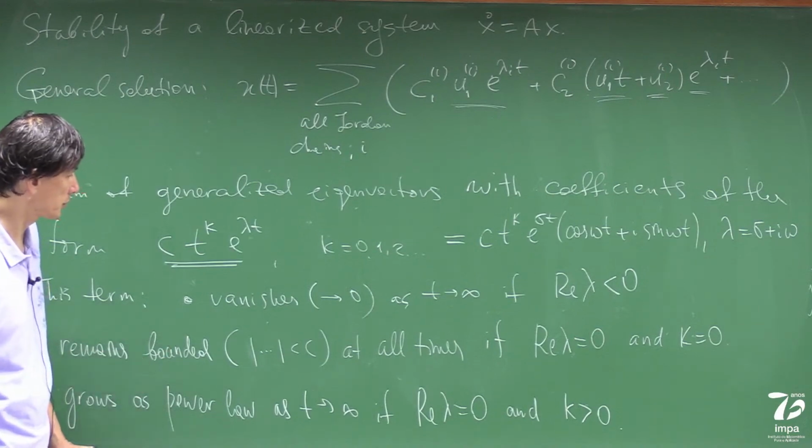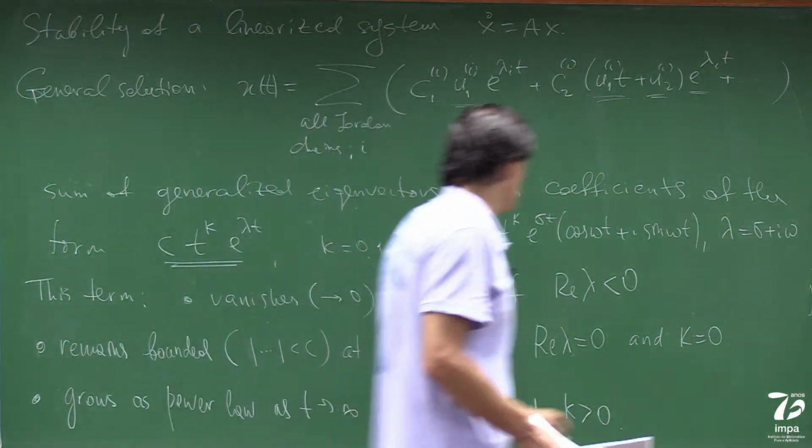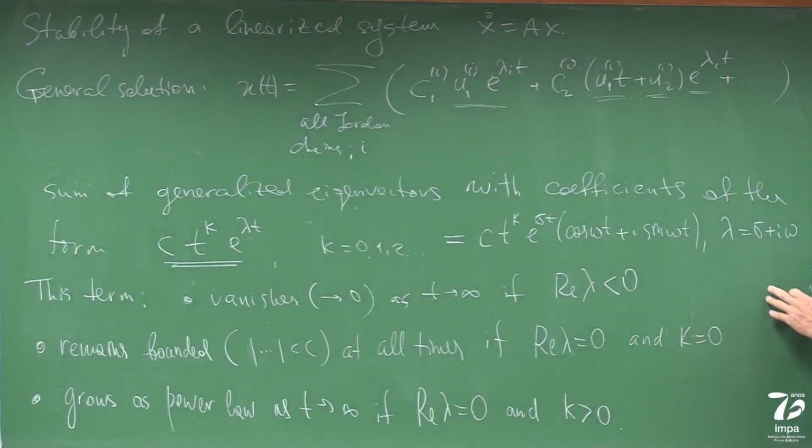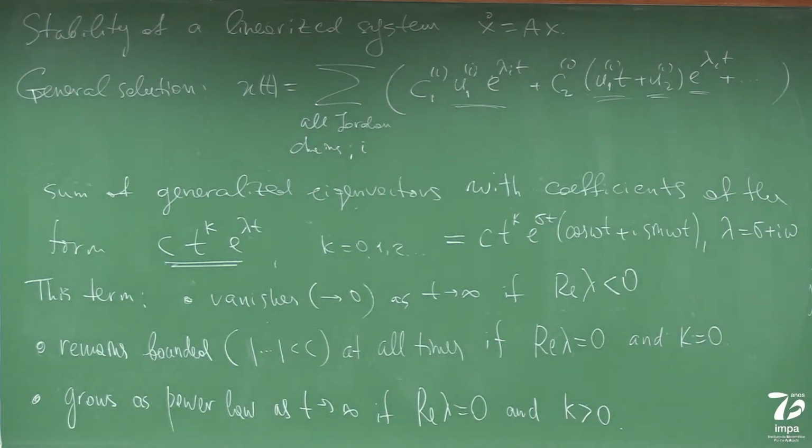But whenever we have the third and fourth case, we're certainly unstable, because the solution cannot stay in the epsilon neighborhood and will certainly go away. Also, there is a difference between the first and second case: in the second case the solution is just bounded and doesn't decrease, so we have stability but not asymptotic stability. In the first case, we can have asymptotic stability.